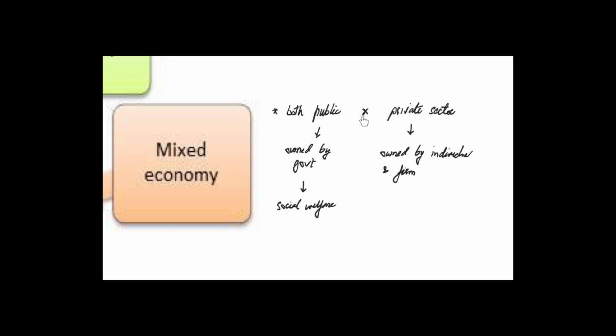And at the same time, you have the private sector at work. Private sector is owned by individuals and firms, and their decisions are made by the price mechanism, demand and supply. That's our next part. And their intention is all about profit maximizing.